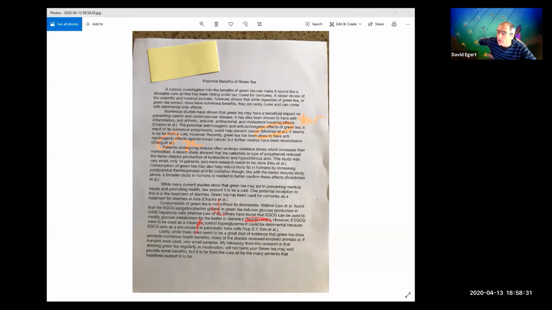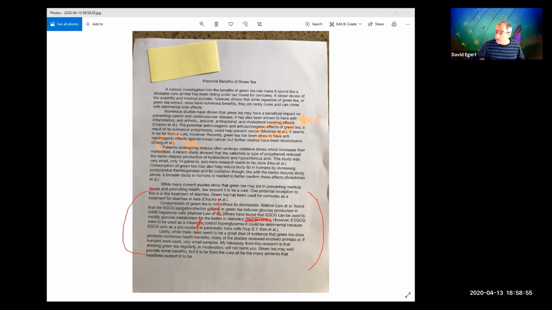Some people were really vague. They would say studies have shown that green tea affects such and such, but how, what, give me some details. You're just leaving me hanging here. You don't have to get into crazy detail, but enough detail that you have some sense of the core story that they said.